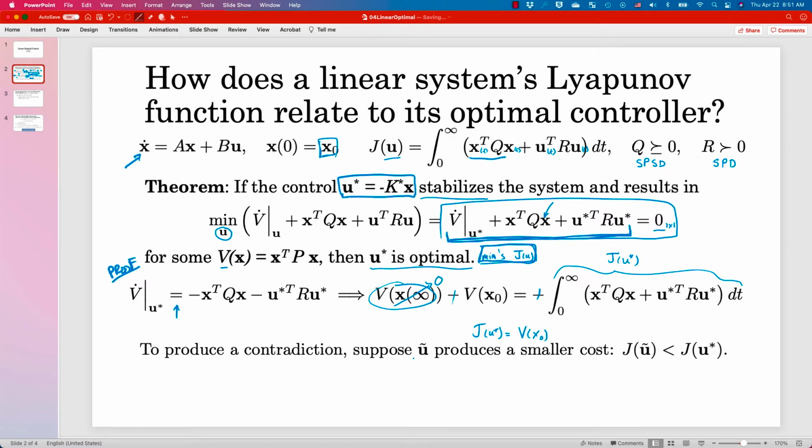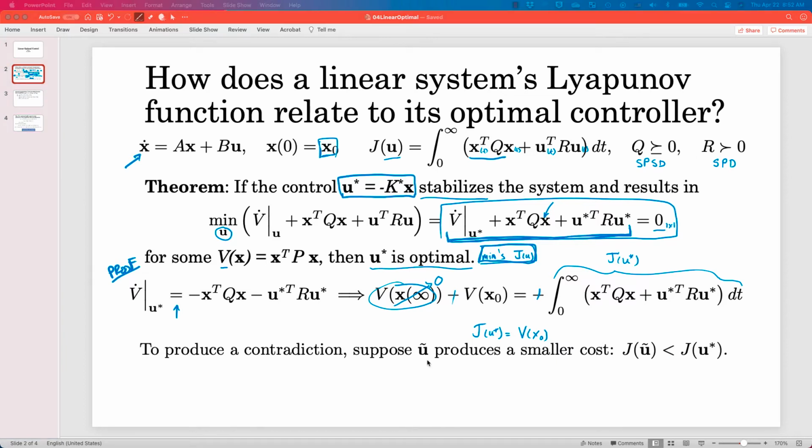So, to wit, in this particular case, let's suppose that there's some different utility that produces a smaller cost. So this is my contradictory claim. If that were true, then the theorem had to be false. If this is false, then the theorem has to be true.